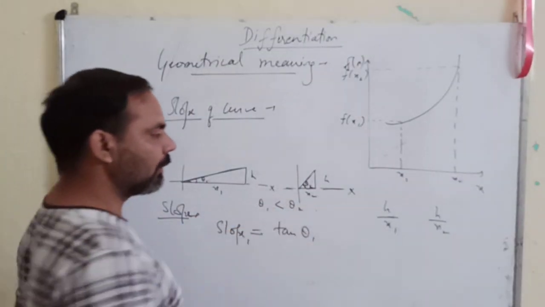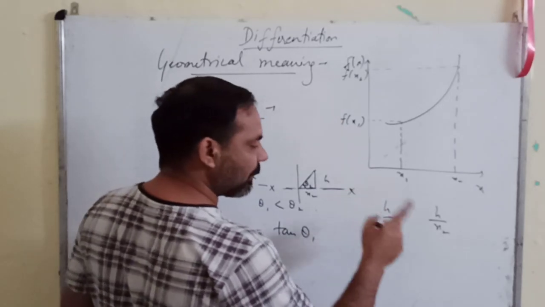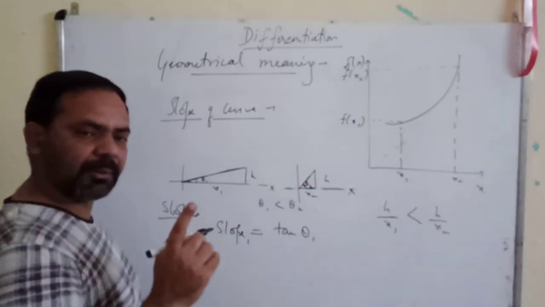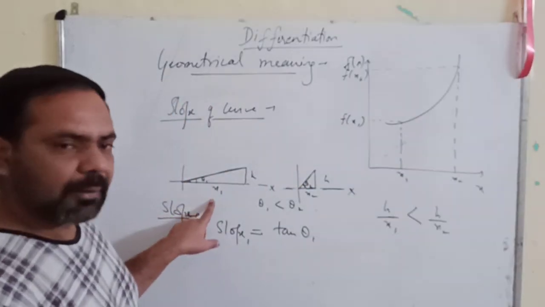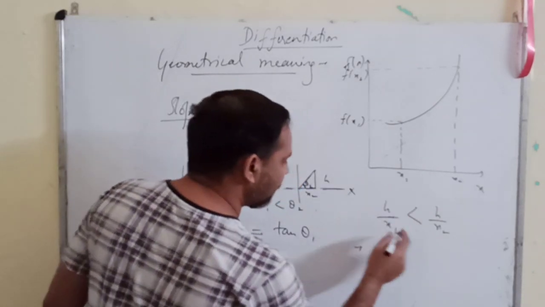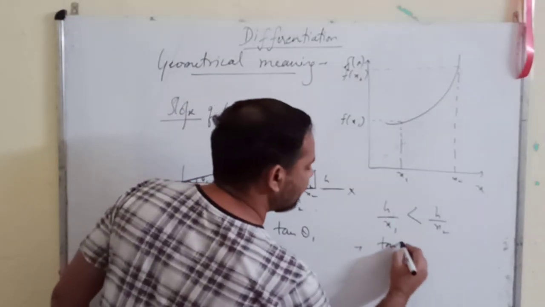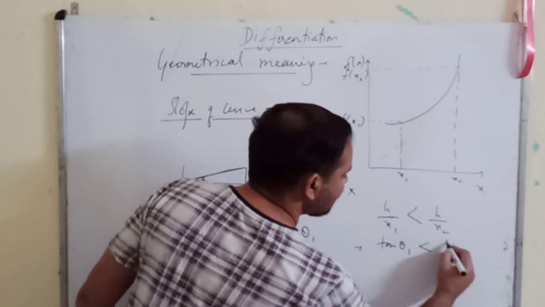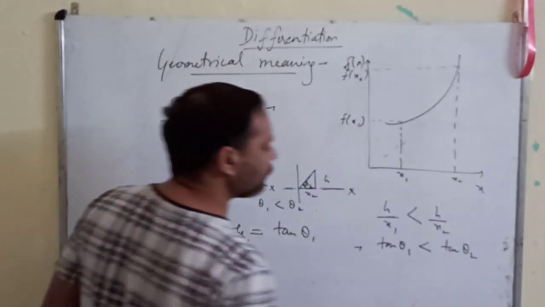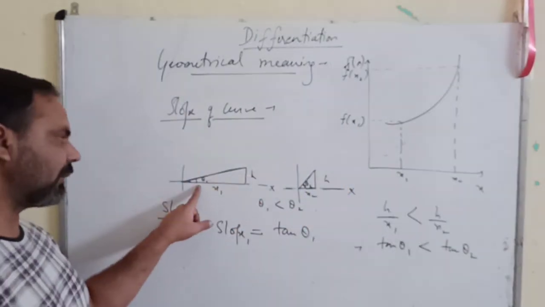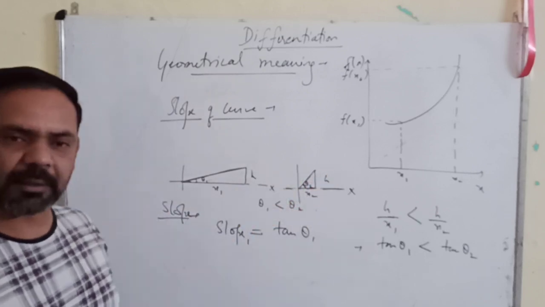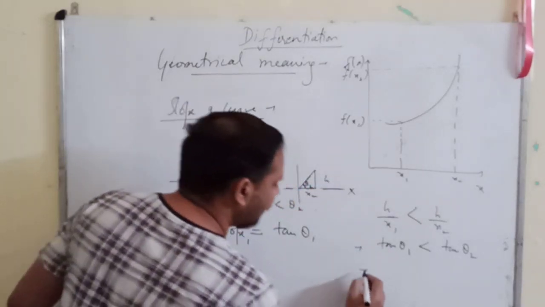Yes, h upon x2 will be more than h upon x1. Now can you say that tan theta 1 is less than tan theta 2? Because h upon x1 is tan theta 1, and h upon x2 is tan theta 2. And tan theta is what?